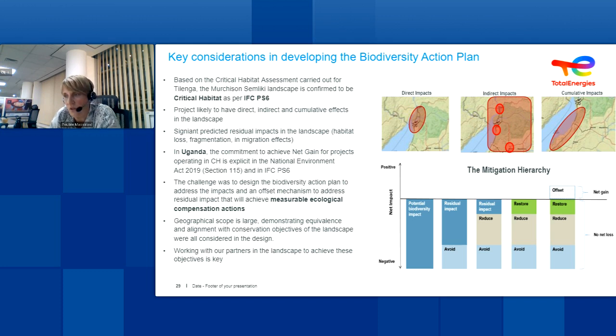So there was a lot of discussion around the geographical scope for this, which is fairly large. But also we had to demonstrate quite clearly that we would be able to offset within this landscape. So those were all partially considered during the early phases of the scoping.